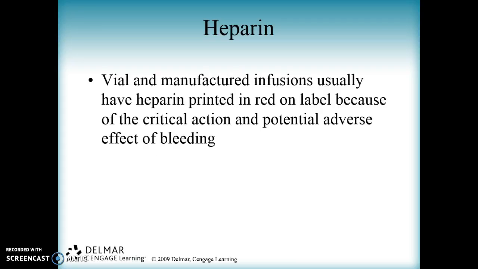On an actual label for heparin, we typically will see it printed in red now because of the adverse effects. This is one of those drugs that is now on the ISMP list. It just has tons of medical errors involved with it.